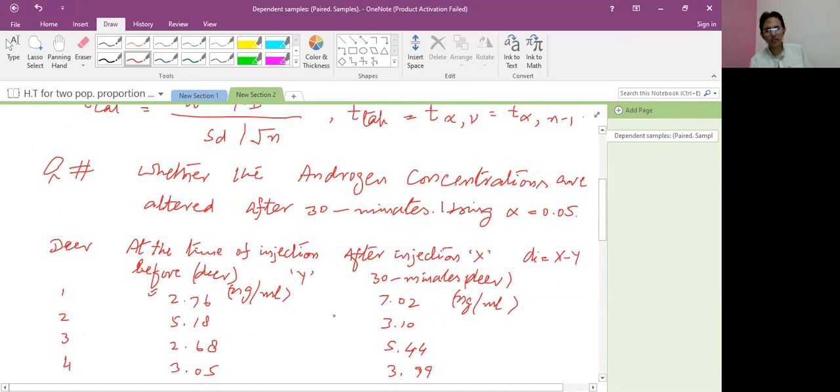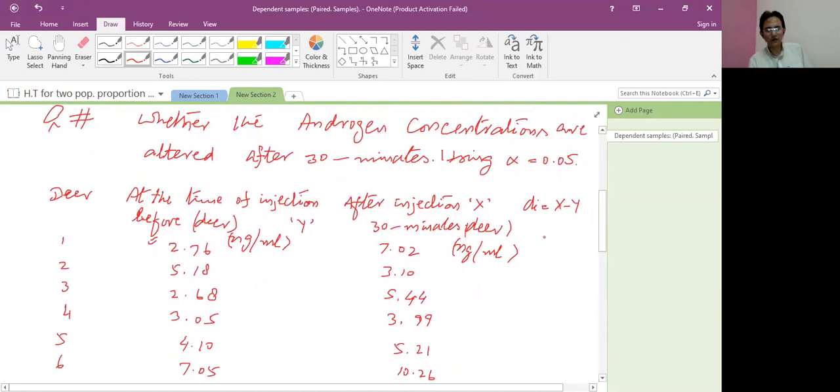It means each value is subtracted, so 7.02 is subtracted from this one, and we find all the answers and add them.